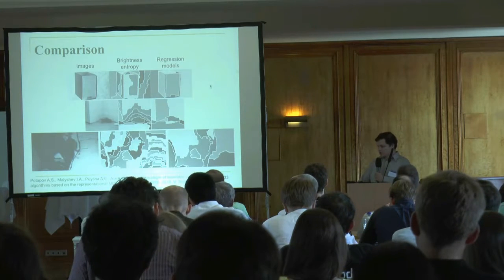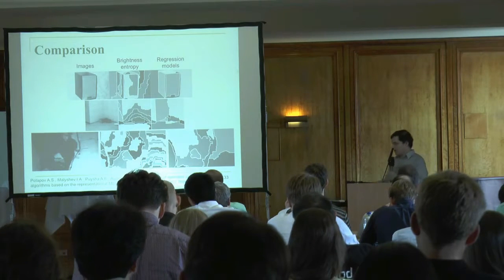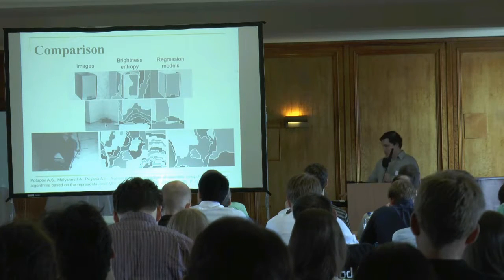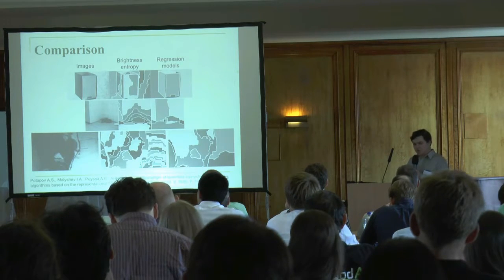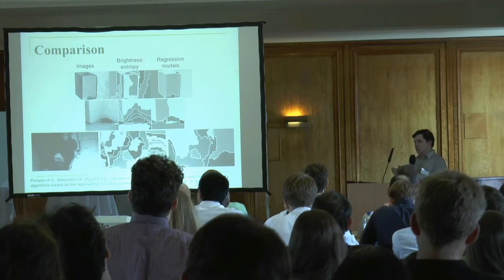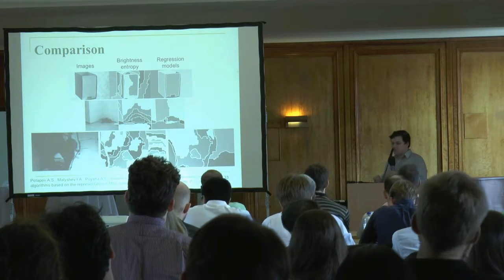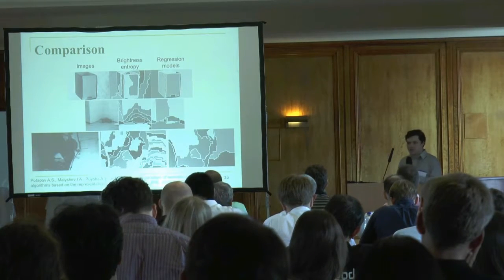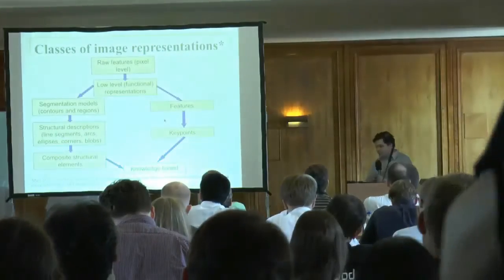And in this case, we can obtain much better segmentation results, even when we don't see contours. These methods can give us borders between different regions of images. So we can greatly improve our results, not by using different information theoretic criteria, they are already there, but by using different classes of models.